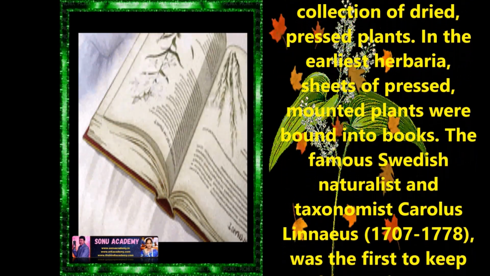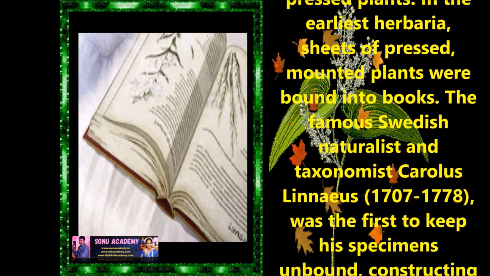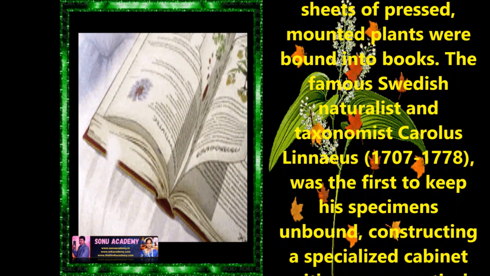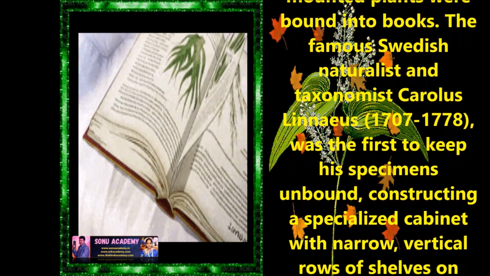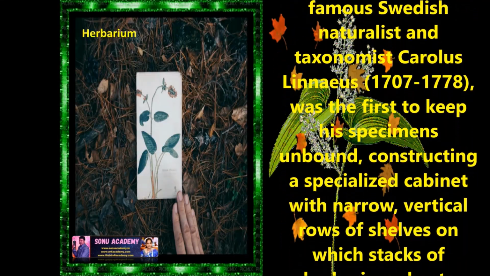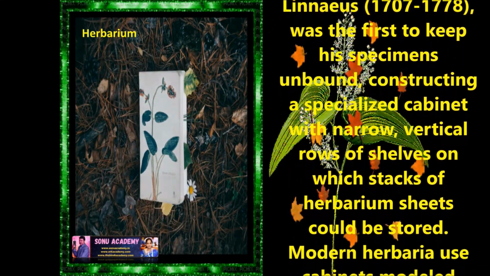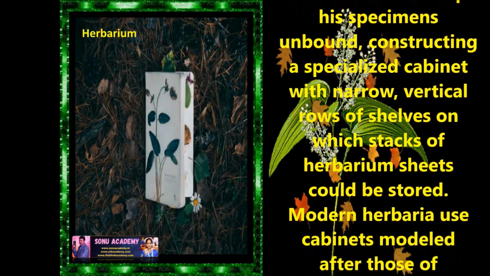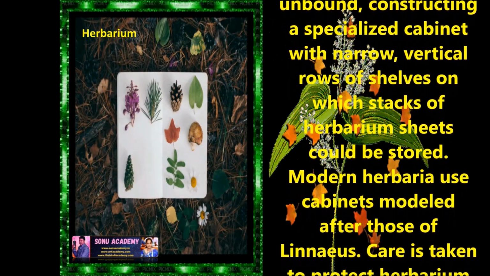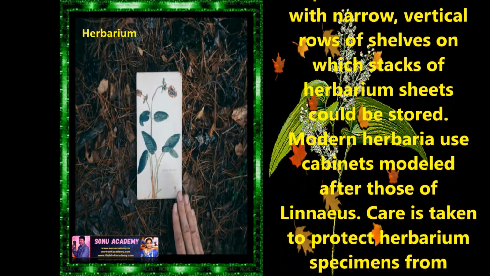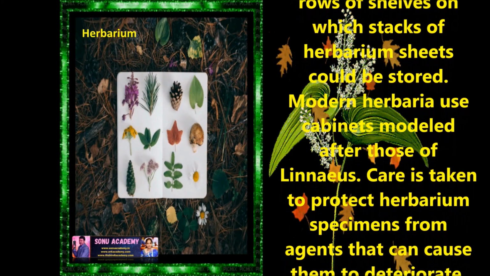The famous Swiss naturalist and taxonomist Carolus Linnaeus, from 1707 to 1778, was the first to keep his specimens unbound, constructing a specialized cabinet with narrow vertical rows of shelves on which stacks of herbarium sheets could be stored.